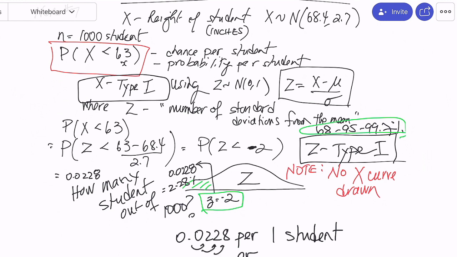Multiply by 1,000 to get 2.8 per 1,000 students. That's how you use the probability. Very good. Okay, so that's not straightforward. Now you know.